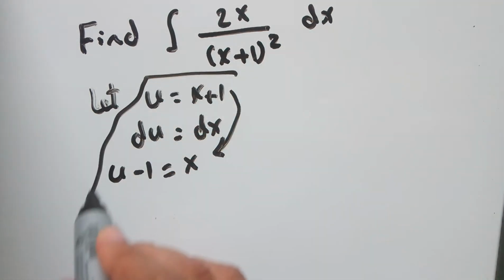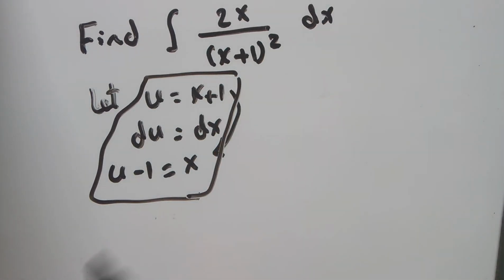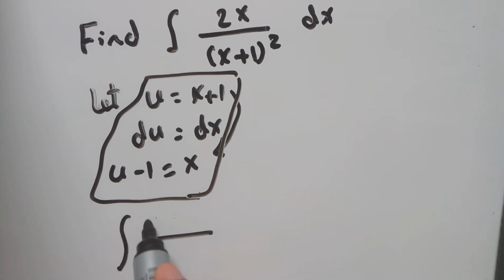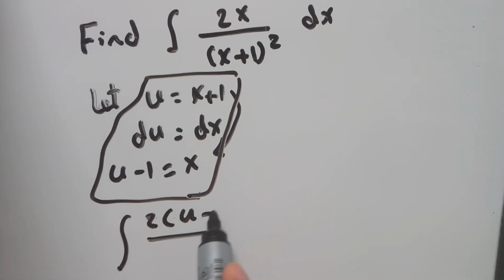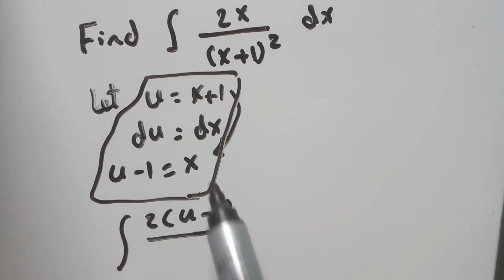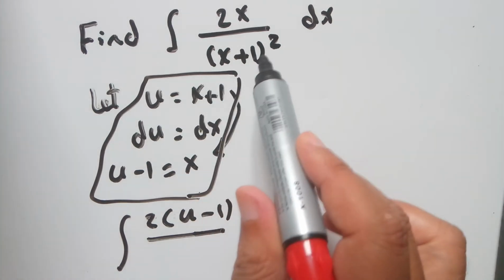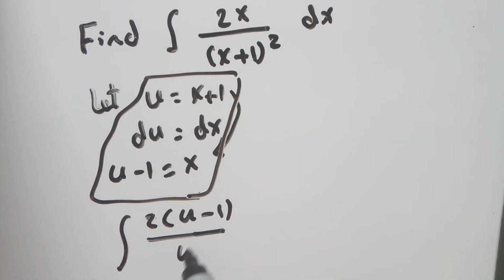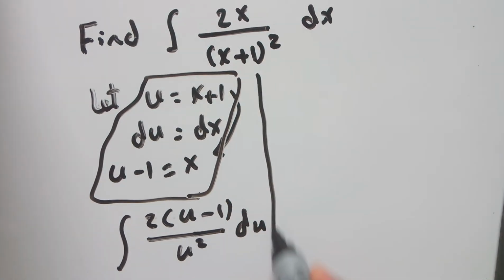Now you have everything with respect to u. You can rewrite the question here. 2x will be 2 multiplied by u minus 1, since x is equal to u minus 1, over x plus 1 squared, which is u squared. dx is du.